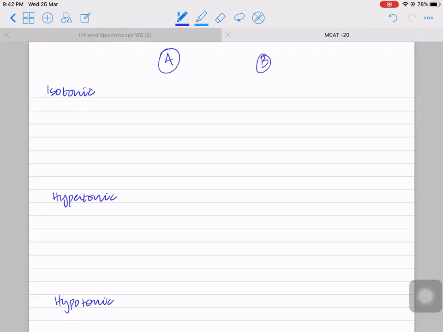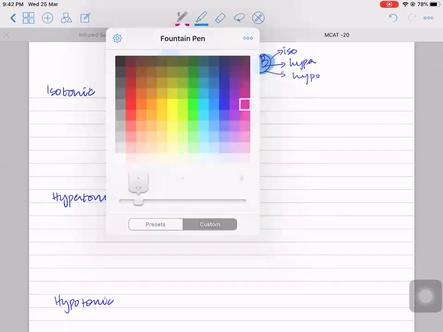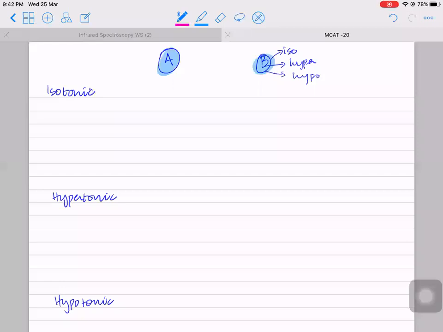So B will be either isotonic or hypertonic or hypotonic. So we're comparing solution B with solution A. A is our standard, and we're comparing B with A, right? So B can either be an isotonic, a hypertonic, or a hypotonic solution.